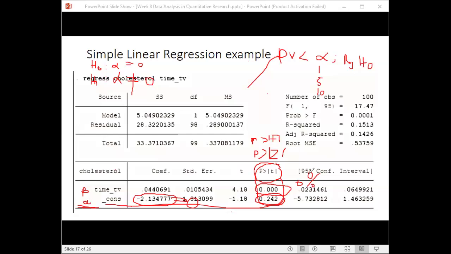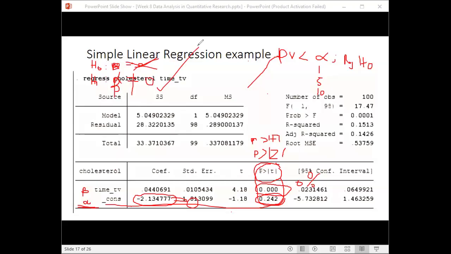We reject. So once you reject, the same thing applies with your hypotheses: beta is equal to 0, and beta is not equal to 0. If you reject this, then you accept what? This. H1 is saying that the beta is not equal to 0.